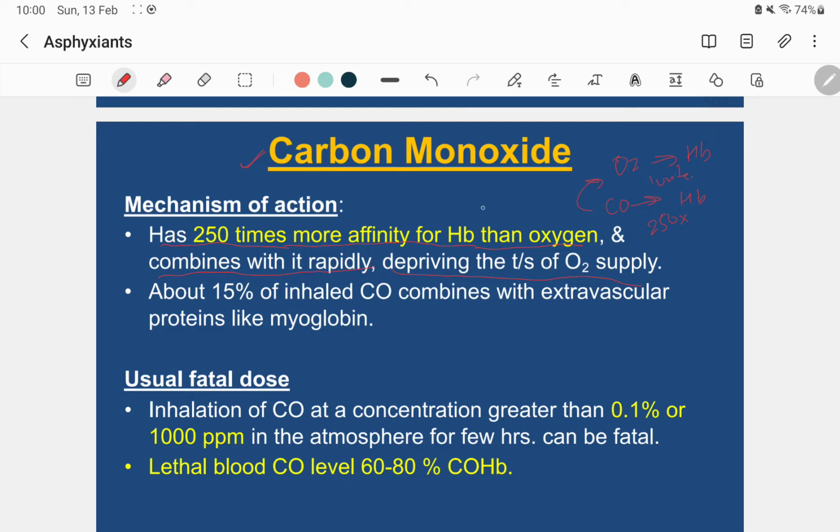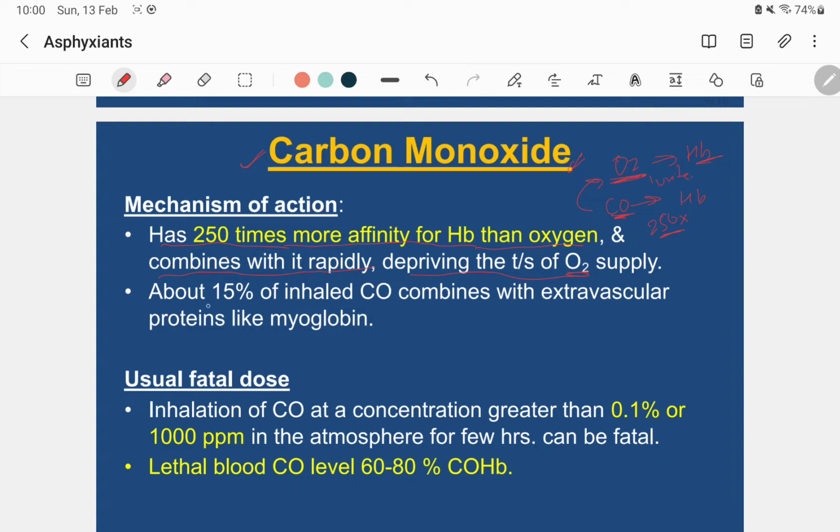So if carbon monoxide is produced somewhere in your room by any means, like an electric heater or coal, the affinity of carbon monoxide is 250 times more than that of oxygen to a heme molecule. So it will throw away the oxygen, because it is much more attracted to hemoglobin. It will deprive the tissues of the oxygen supply.